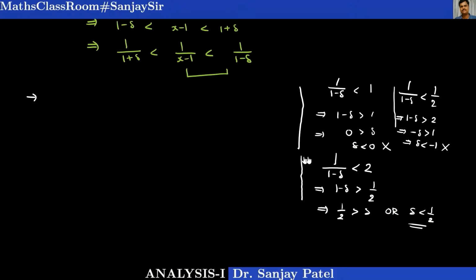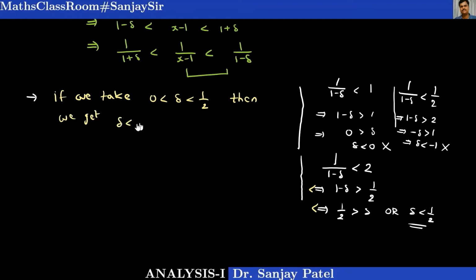So by this simple calculation, we can now understand that if we take 0 less than delta less than 1 by 2, then I can show that 1 upon 1 minus delta is less than 2, because this is true both ways. 1 by 2 greater than delta, or delta is less than 1 by 2. So let me write it this way.